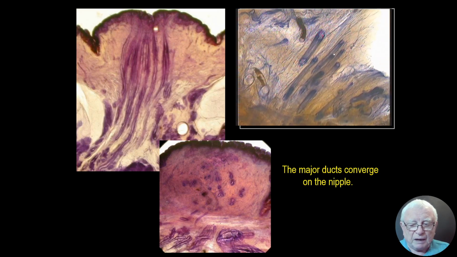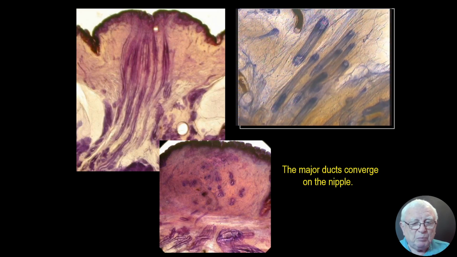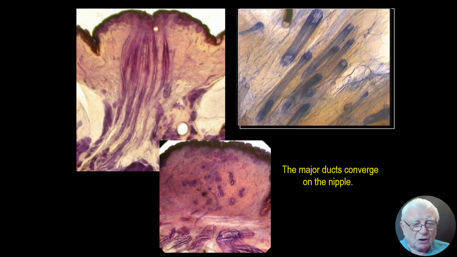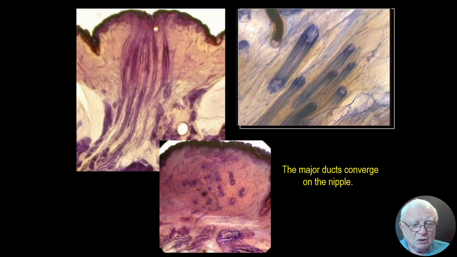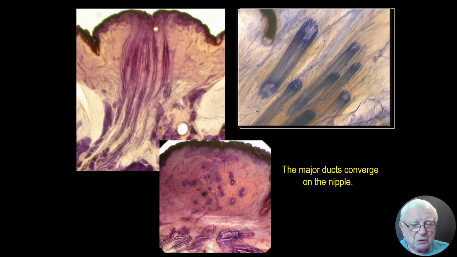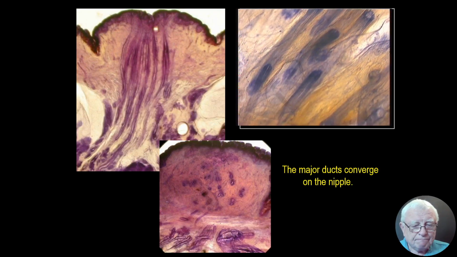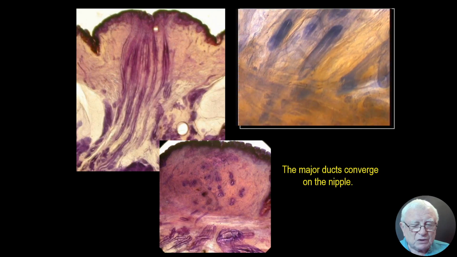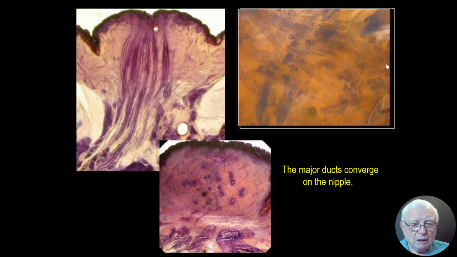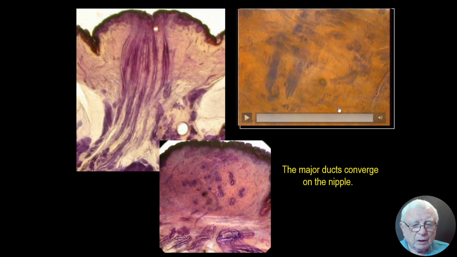Look at this animation. The pleated resting ducts are running towards the retroareolar region, and they drill themselves through the nipple, and the baby is happy. Here's a cross-section.